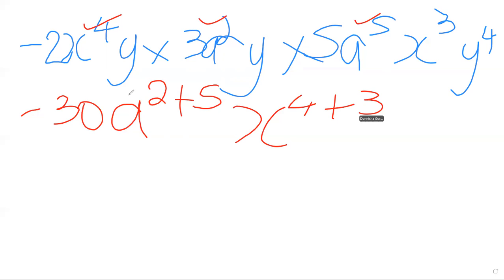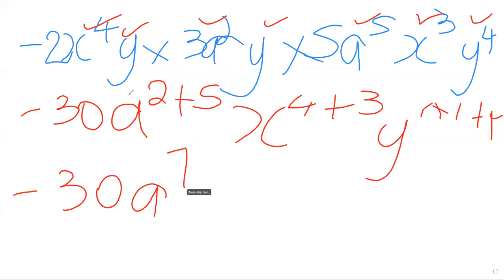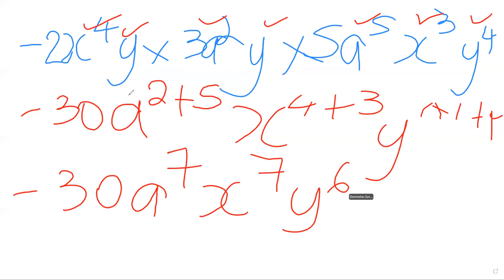So we add those powers. And for y, we have y to the 1st power, y to the 1st power, and y to the 4th power. That's 1 plus 1 plus 4. All right, and so we have negative 30, a to the 7th power, x to the 7th power, y to the 6th power. And that's your final answer.